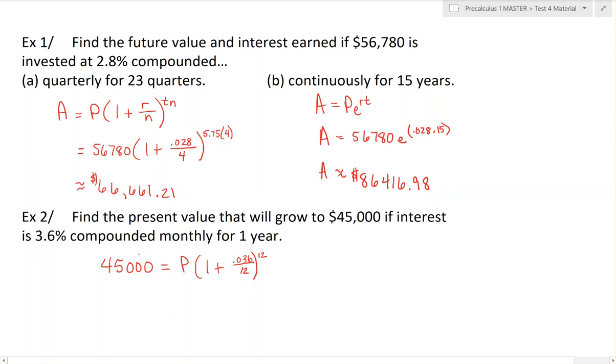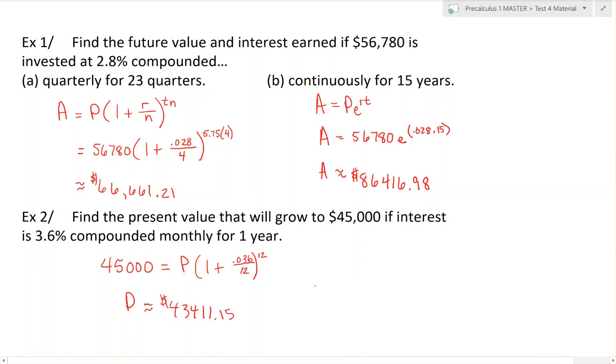So I'm going to do that, and say 45,000, and I'm dividing that by 1 plus 0.036 over 12 to the 12, and so my principal would have to be about $43,411.15.